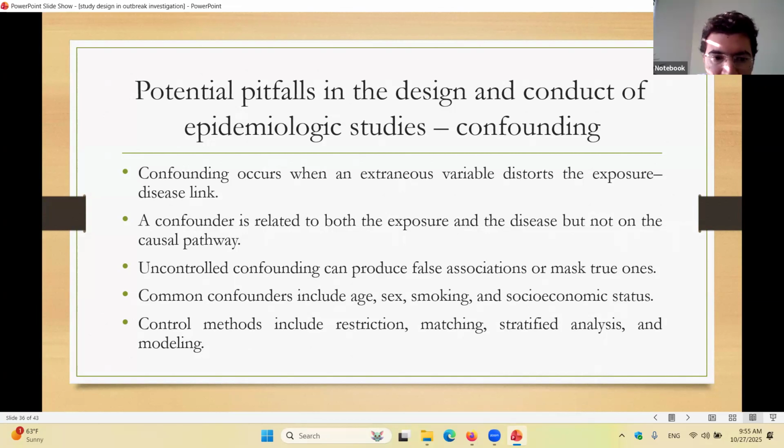Some of the controlling methods are for study design, for example restriction and matching, and some others are at the level of analysis, for example stratified analysis and regression modeling.